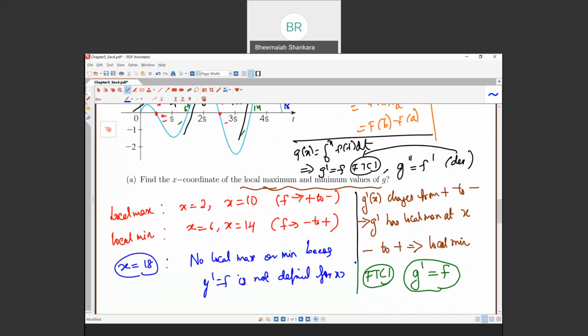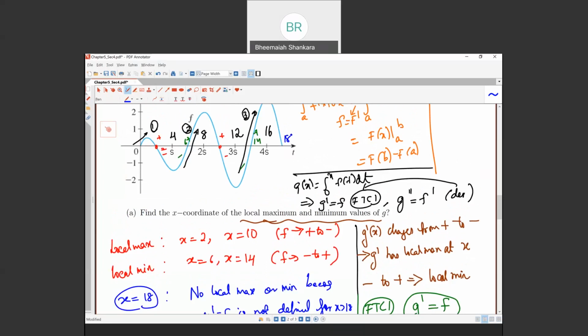You don't know if the function goes like this or if the function goes like this. So that's the reason we say that we will not be able to say anything about the local max or local min for x equal to 18.